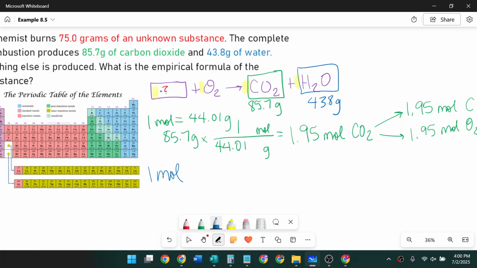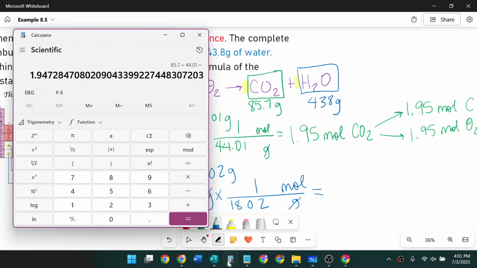Again, we're going to assume that you know how to calculate that. So 1 mole of water is 18.02 grams. We're going to use that to convert our 43.8 grams of water into moles. Our grams cross out. Sorry, I should have crossed them out up here too. When we divide again, we have to limit it to 3 significant digits.